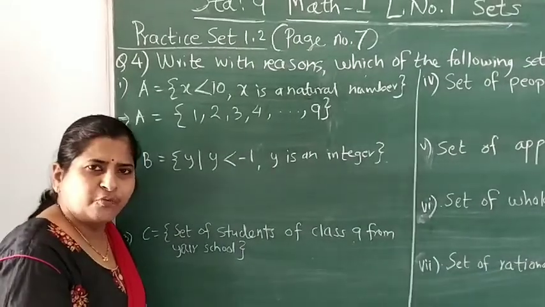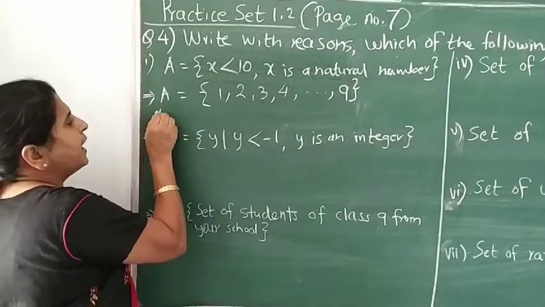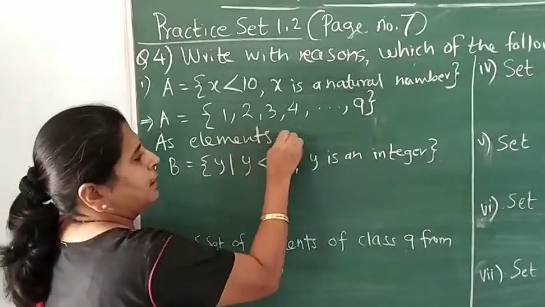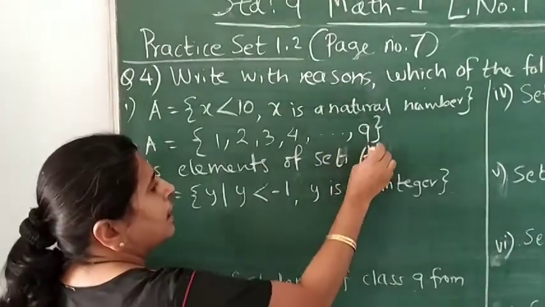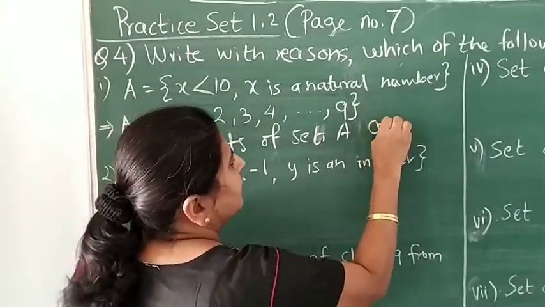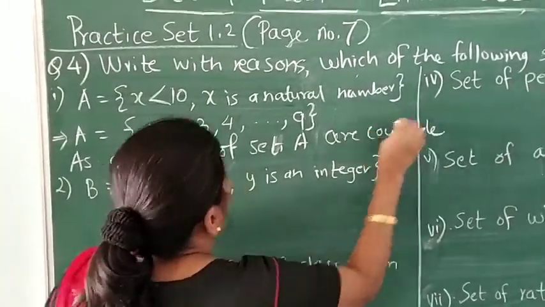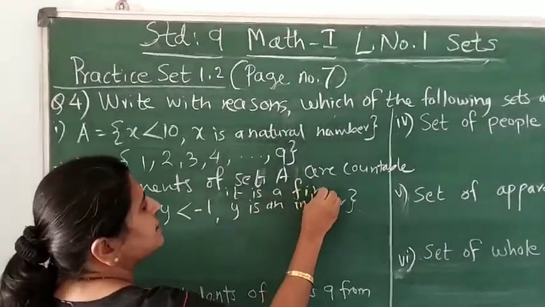Whatever may be the number of elements in it, we will write the reason that the elements of set A are countable, so we can say that it is a finite set.